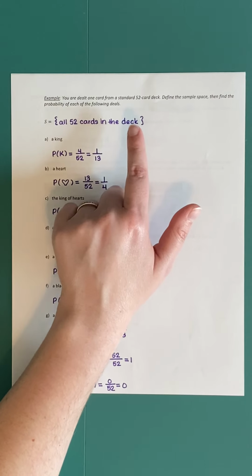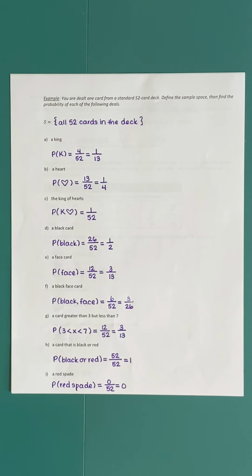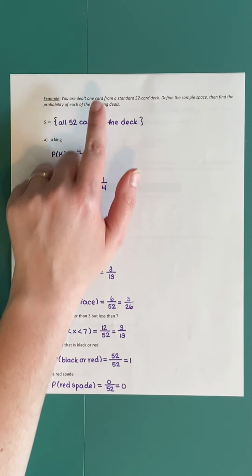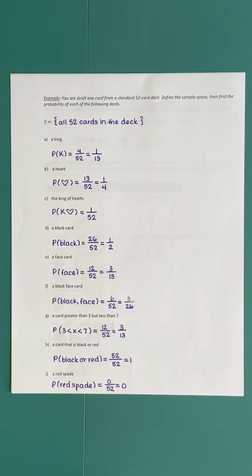Now, I don't expect you to make a list, but you do need to understand what that represents. That represents the individual 52 cards in the deck. That's going to be our sample space. The most important thing here is going to be the size of that space. So in this case, the size of that sample space is going to be 52, because again, there are 52 possible outcomes from dealing one card.